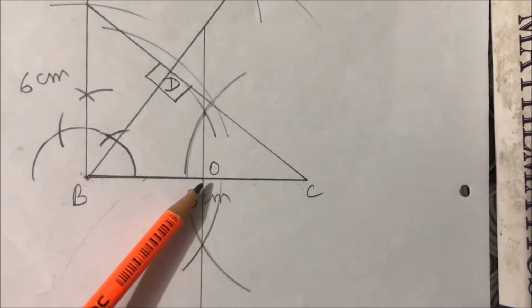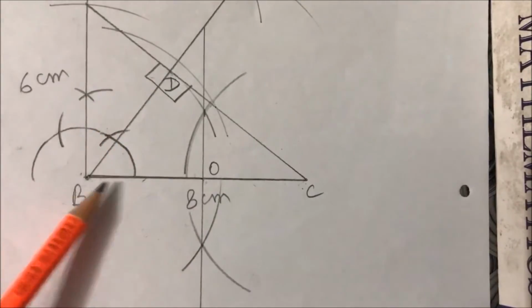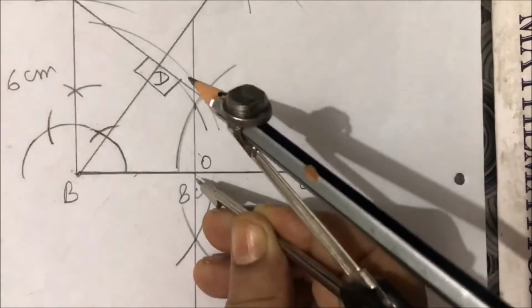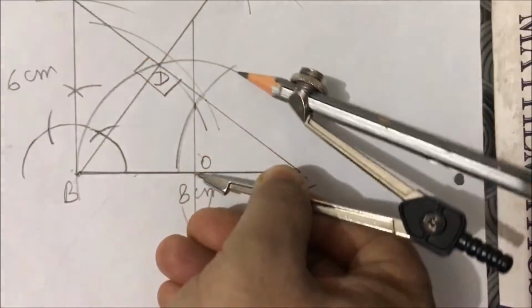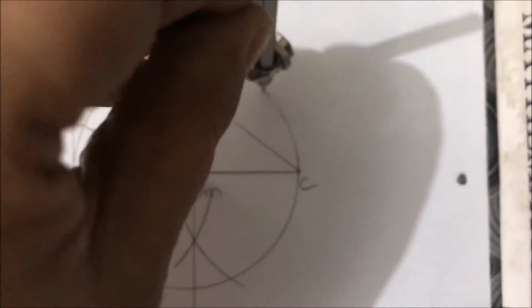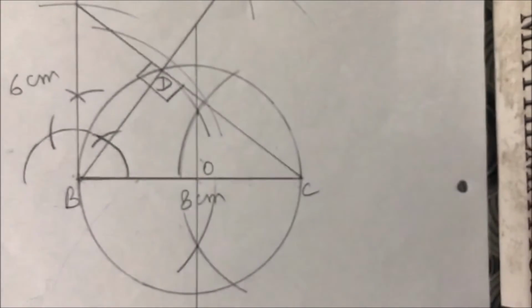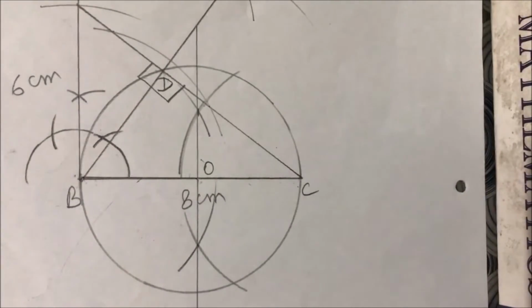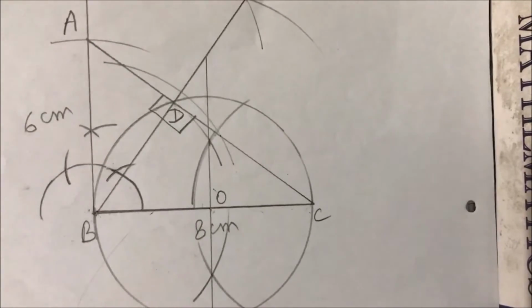With O as center and radius equal to either OD, OB or OC, draw a circle like this. So this is a circle that passes through B, C and D. Then our third step is done.